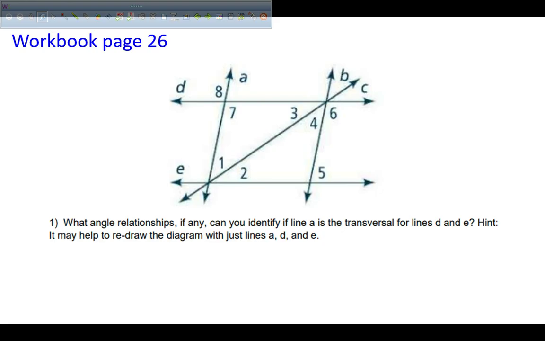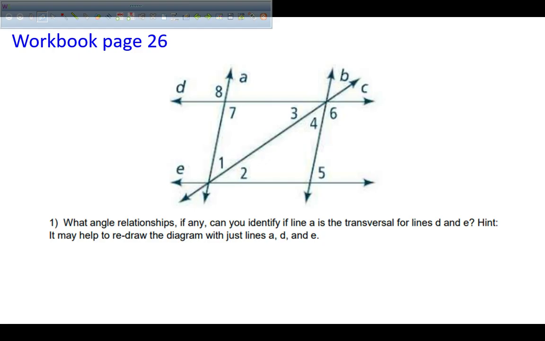All right, so on page 26, which I still am never confident about my page numbers. This is right, okay. On page 26, it says, what angle relationship, if any, can you identify if line A is the transversal for lines D and E?